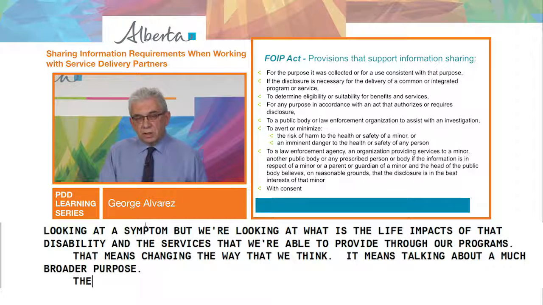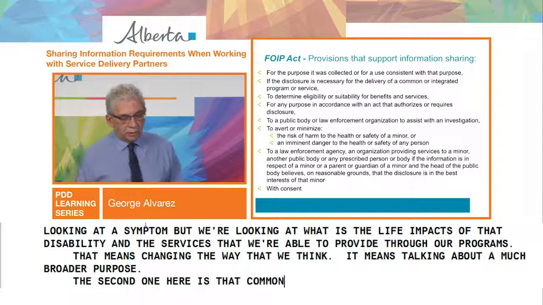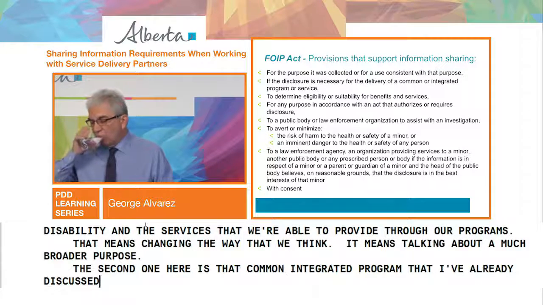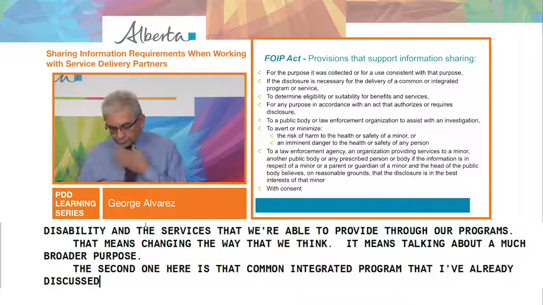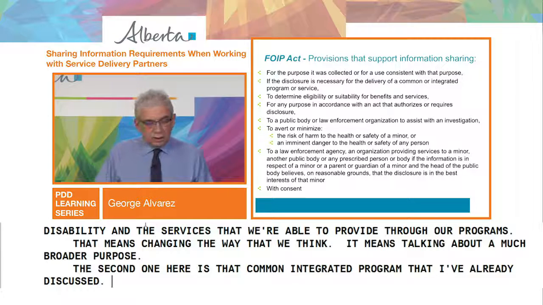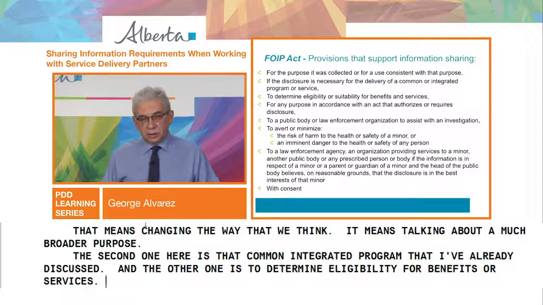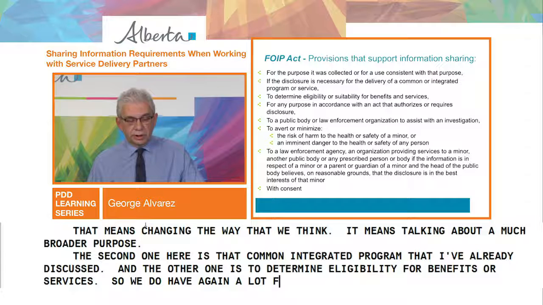The second one here is that common or integrated program that I've already discussed. And the other one is to determine eligibility for benefits or services. So we do have, again, a lot of different programs run by different organizations.